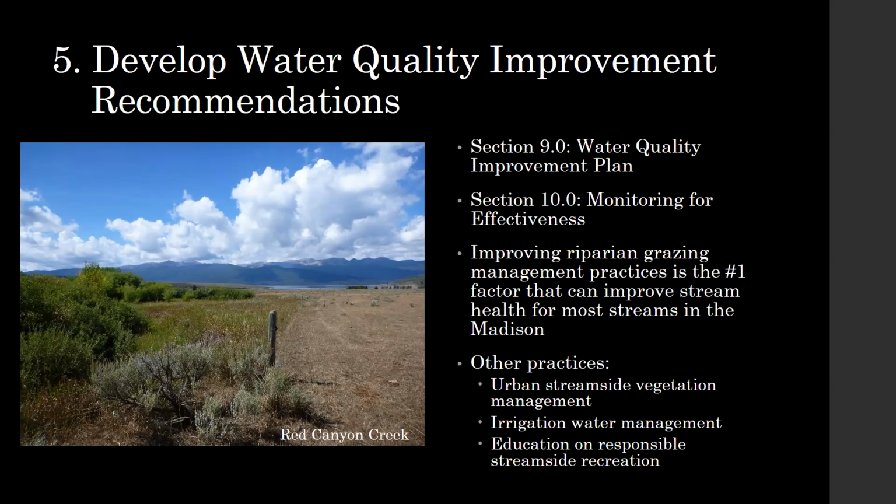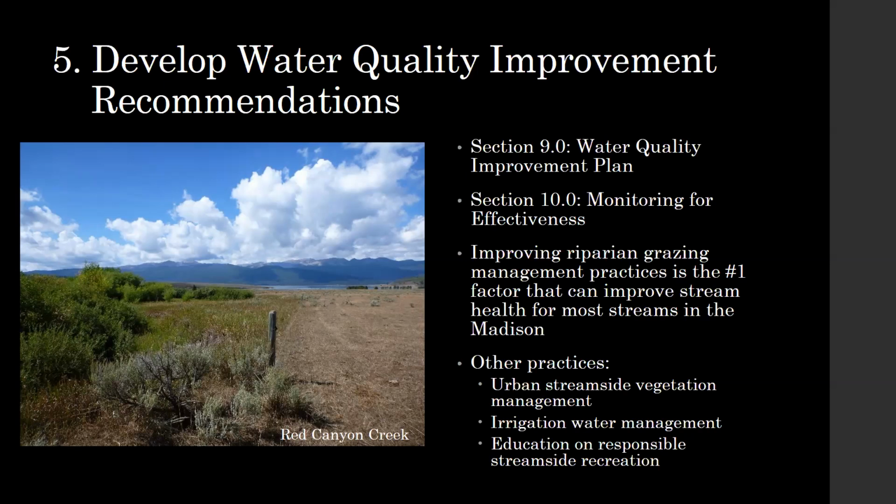The document also talks about other practices though, and these include urban streamside vegetation management. This is of particular importance to Moore Creek, which flows through the town of Ennis. And this just talks about maintaining healthy streamside vegetation as opposed to clearing it away for yards or lawns. The document also talks about irrigation water management to maintain minimum flows within some of the streams and to maintain cool water within the streams.